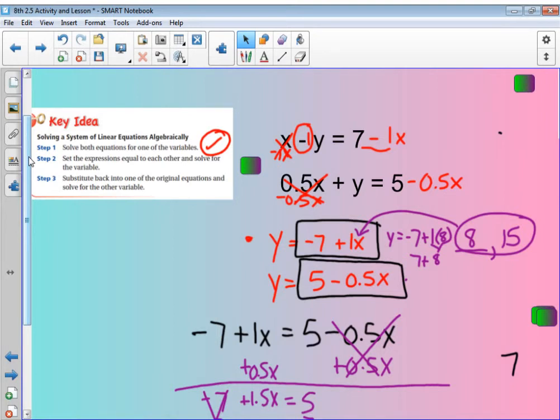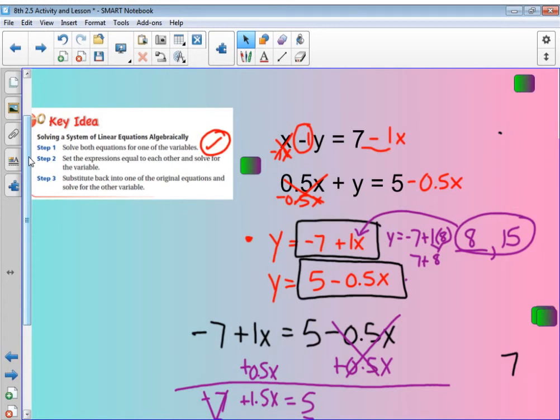Your third step, then you have to solve for that variable. So if you have x's on both sides, remember to get x to the one side and the non-x's to the other. And then once you find that first variable, we always found x first, you're going to substitute back into one of your original equations and solve for the second variable. So in our case, we always solved for y second.